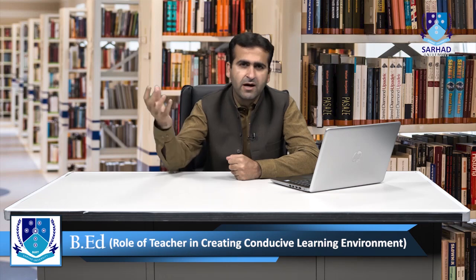Next, acceptance of human relationship. From the acceptance of human relationship, we need to accept the ideas of the teachers. We as students need to accept the ideas of the teacher.